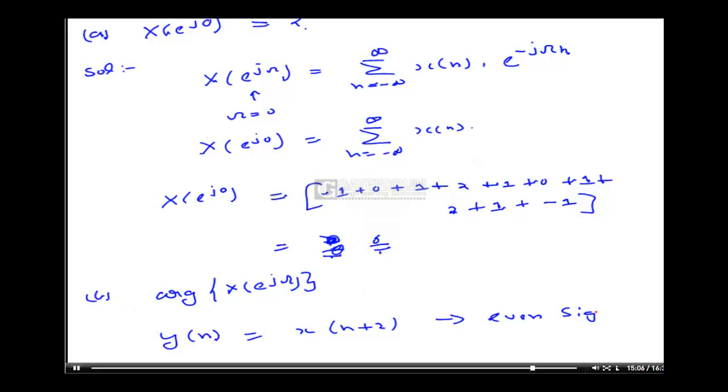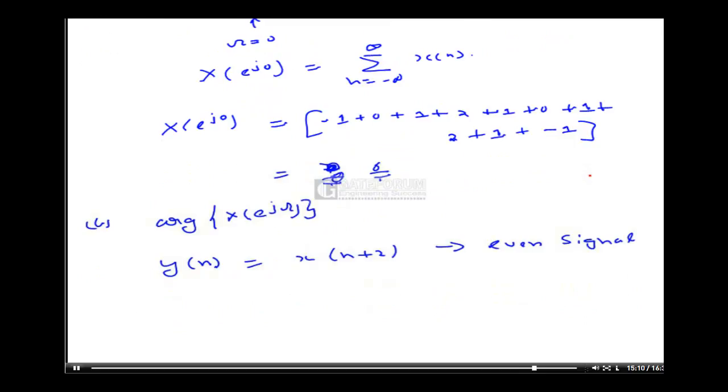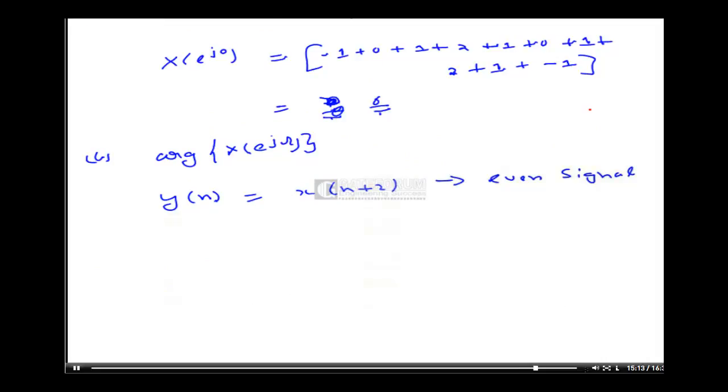Even signal. Okay. Now, from this even signal, it is shifted by 2. So, Y of e to the power j omega is real and even because x of n plus 2 is real and even.